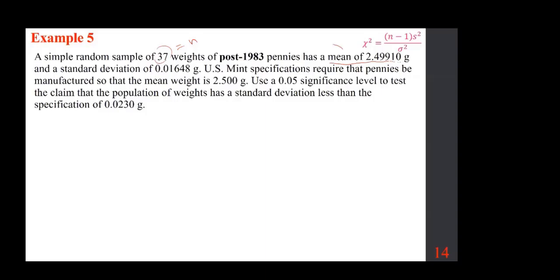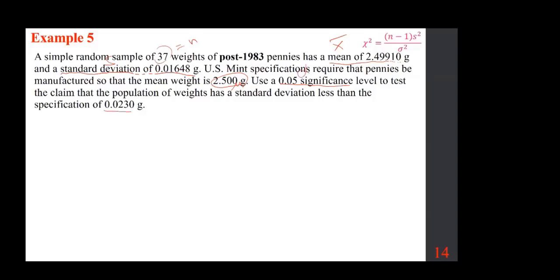X bar, the mean. When it's the mean, it's either X bar or mu. What is the next one? S. Very good. That's the standard deviation, but it pertains to those subjects, 37. What is 2.5? Mu, because it's supposed to be that for all, for the population. This is mu. Significance level, obviously, alpha.